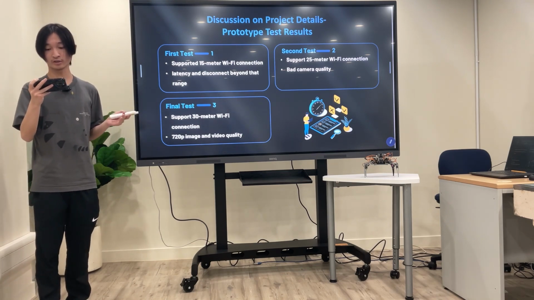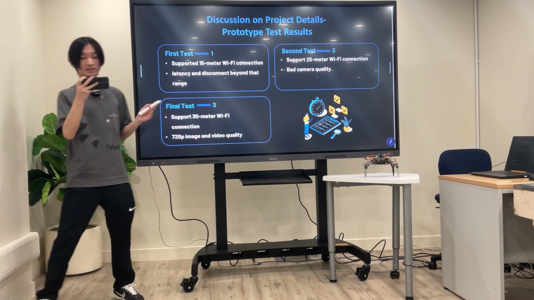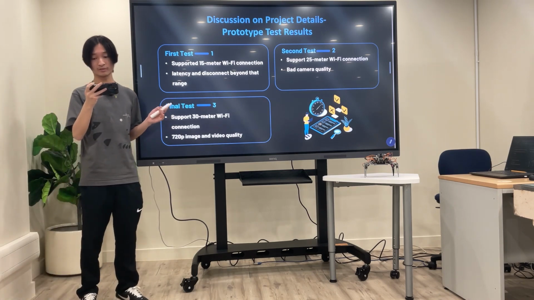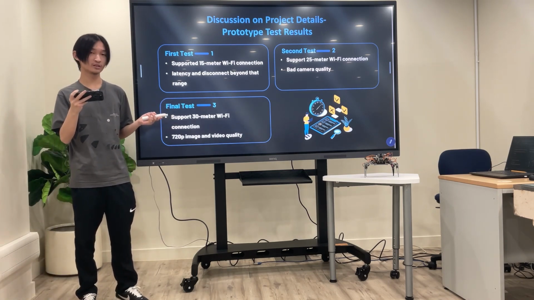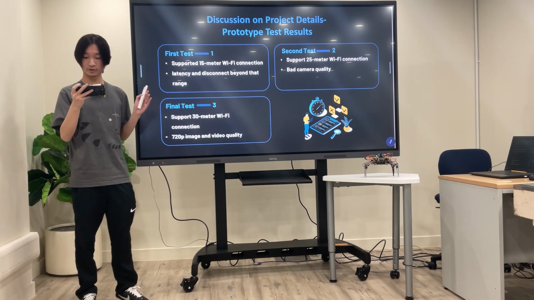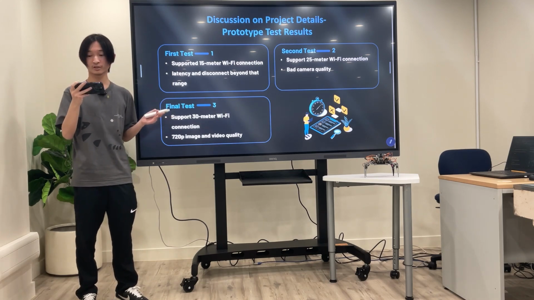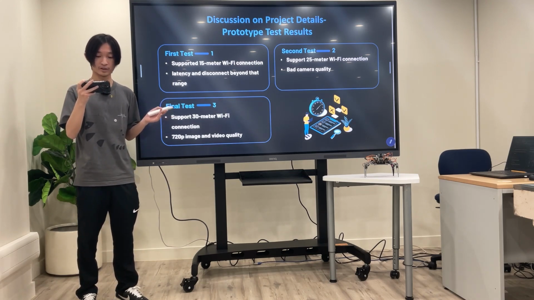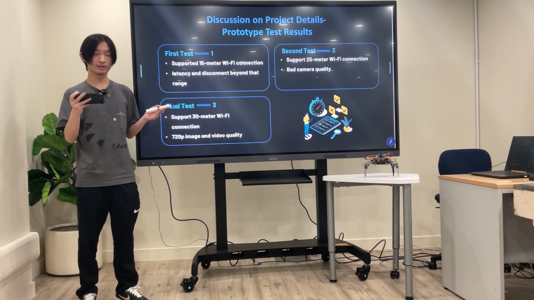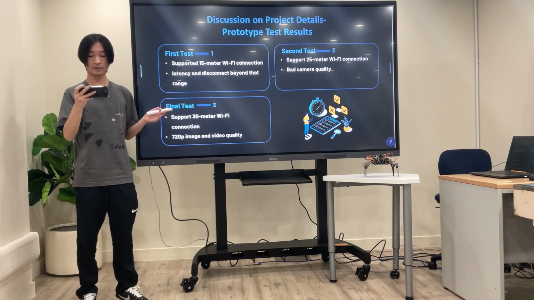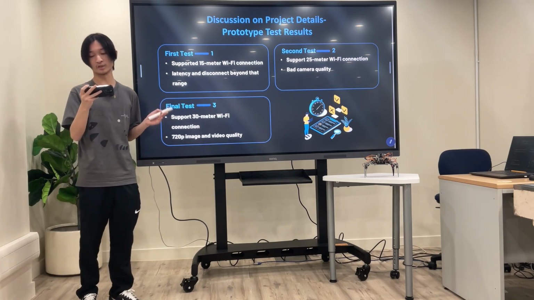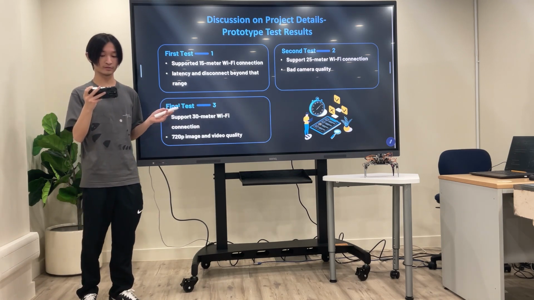After making server adjustments, such as upgrading the Wi-Fi chipset within the ESP32 module, we were able to control the robot within a 25-meter range without disconnections in the second test. And there was an increase of 66% in the controllable distance. However, there was room for improvement in the camera quality and video stability.